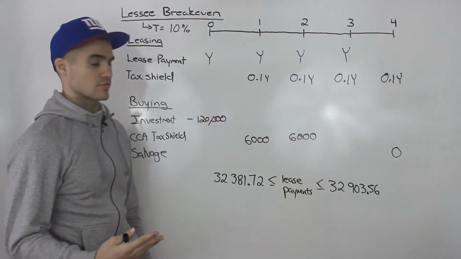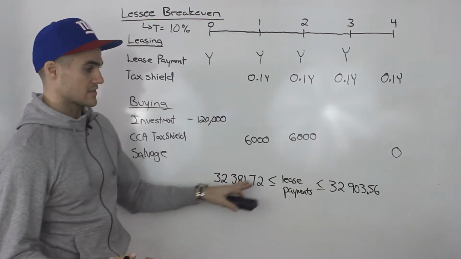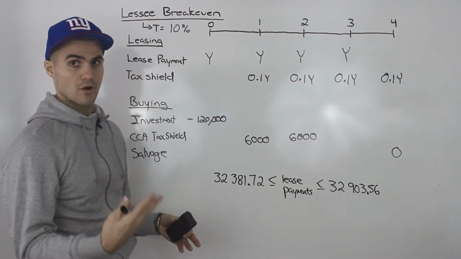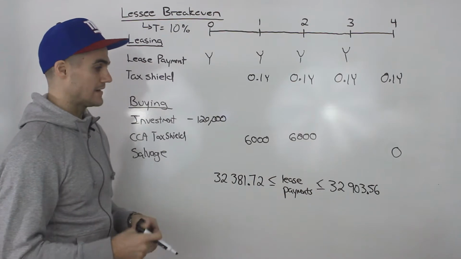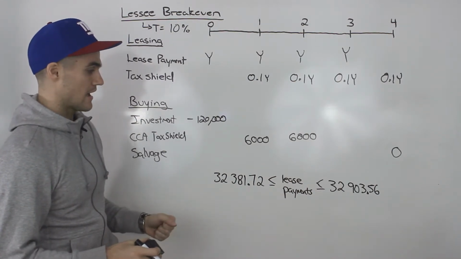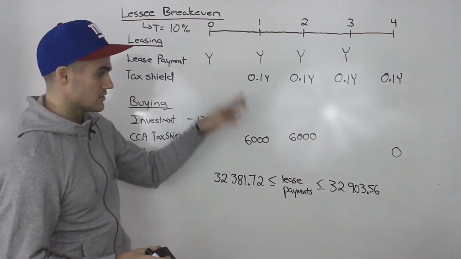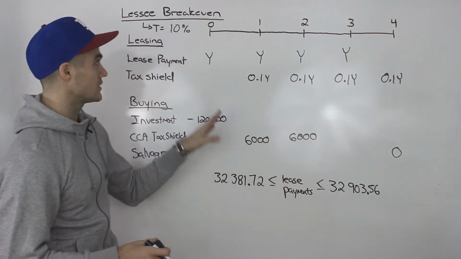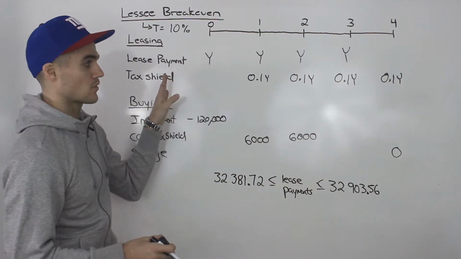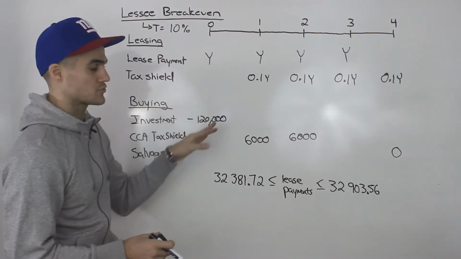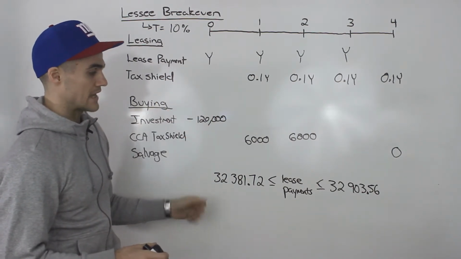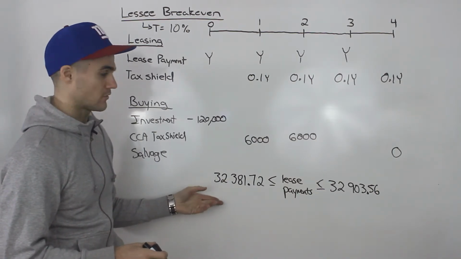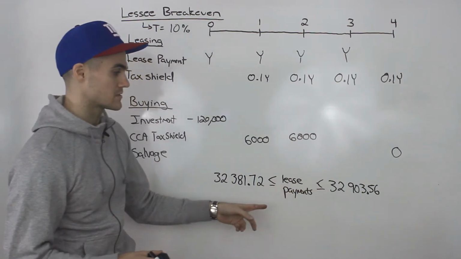And so our final answer for part A is this here. This is the range of lease payments that will make the transaction profitable for both parties. So any lease payment that you input into the Excel file between these numbers, and then you input the correct tax rates for the lessee and lessor depending on which one you're looking at, you'll notice that that net advantage to leasing amount at the bottom will always be positive for both, as long as the lease payment is between these.